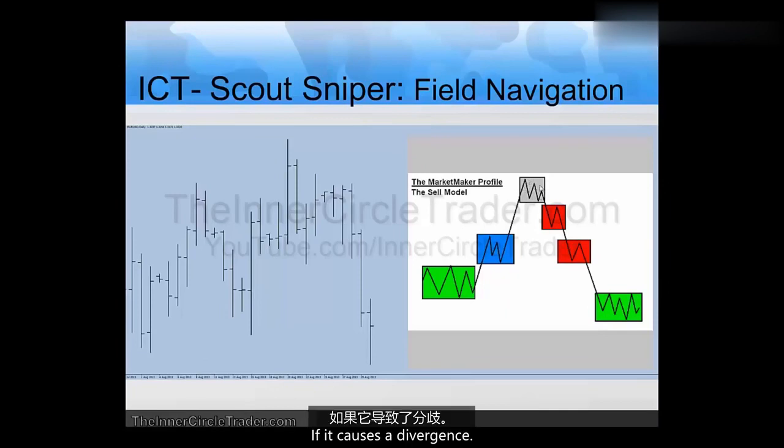If it causes a divergence for a buy or sell signal, you're going to see it form here, okay. Think about it: if these indicators didn't call major moves, nobody would pay any attention to them. The only reason why we pay attention to them is because they work on the left side of the chart. We can see it did it the last time, right? So it's going to do it again.